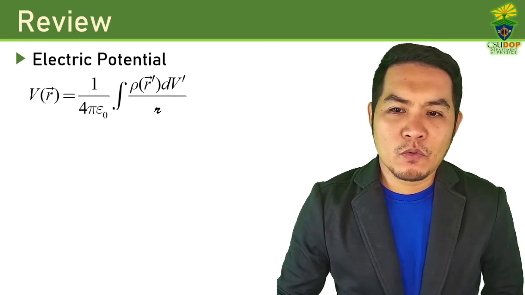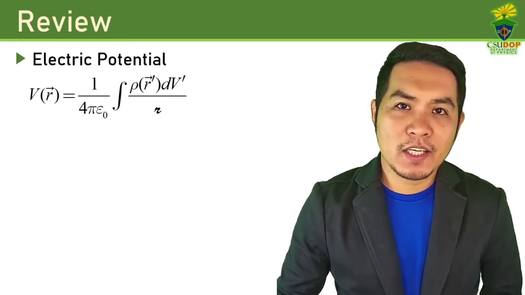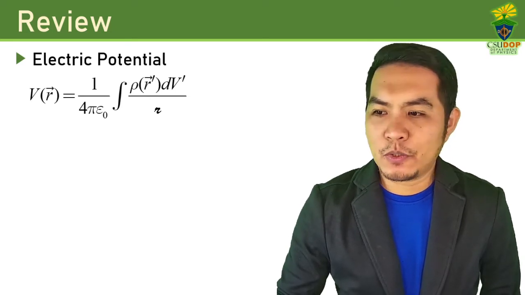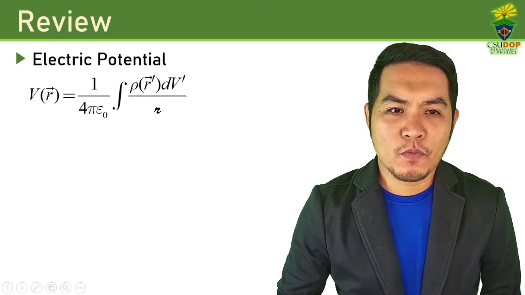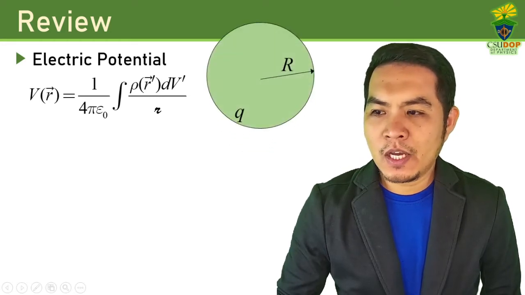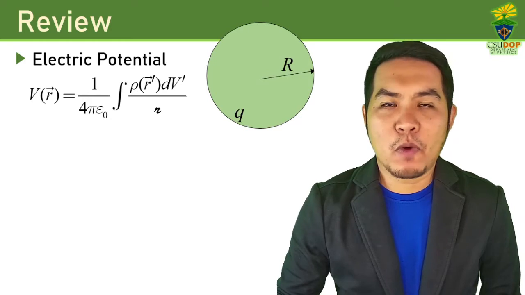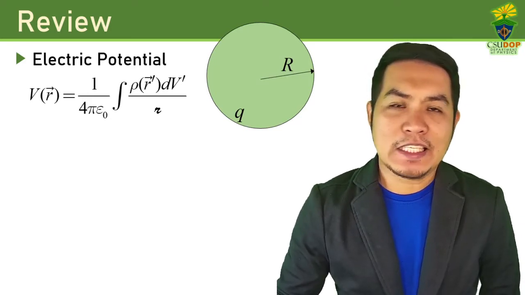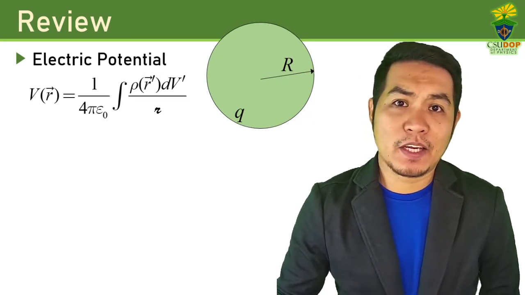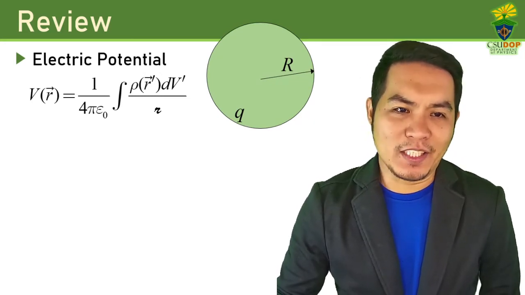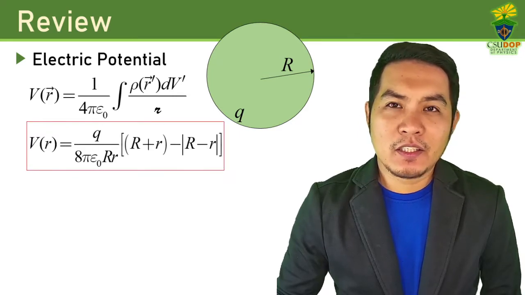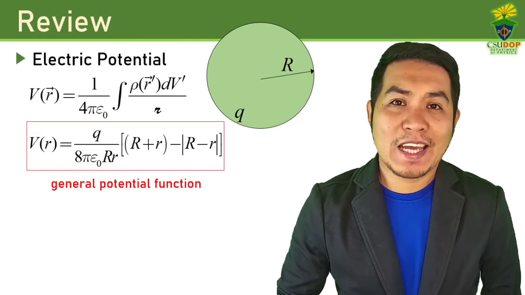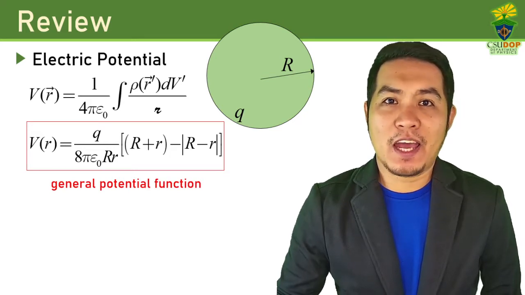We can directly solve or find the potential using Coulomb's law, using this integral formula here. And we found out in one of our examples that if you try to find the potential inside or outside a sphere of total charge Q, for instance, you can get a single potential function which can describe the potential everywhere.